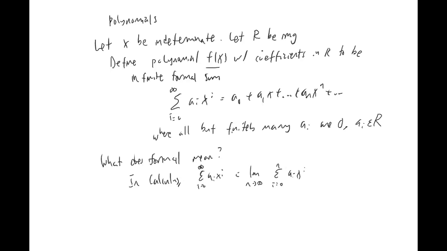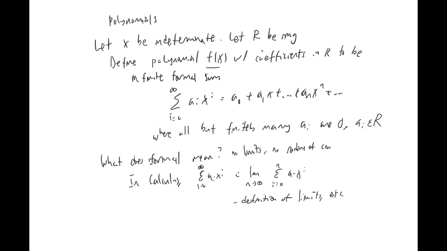And then this goes on to the definition of limits and stuff like that, right? We don't want to deal with any of this. So formal just means we just define this as it is. So there are no limits, no radius of convergence, stuff like that.